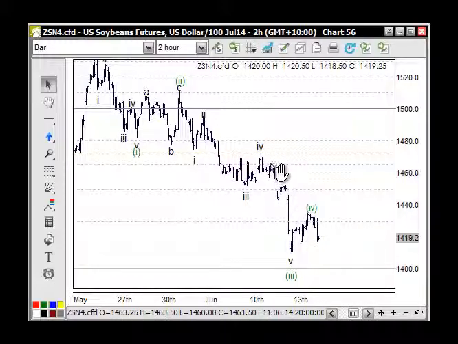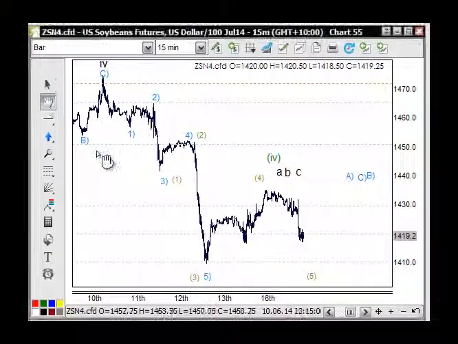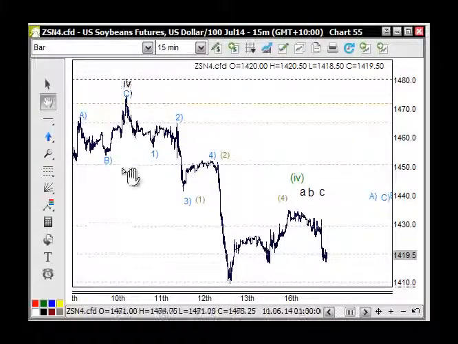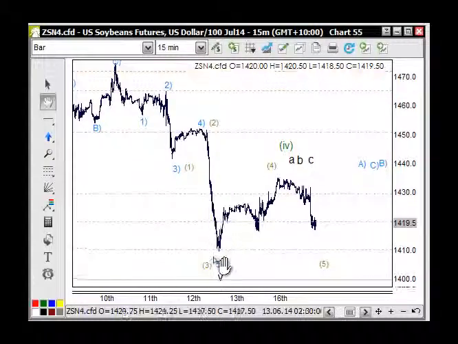So I'm also looking at this move down through here as not being wave 3, but that it is still wave 3 to come down through to here further. So it's just basically cascading down. I don't want to confuse it, but I just pointed out that from this wave 4 here, we've got the 1, 2, 3, 4 in blue, like I mentioned before, and the 5 here.